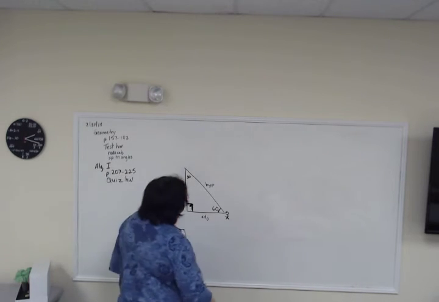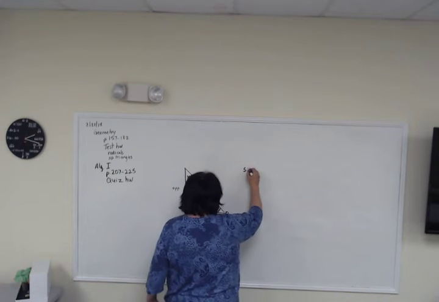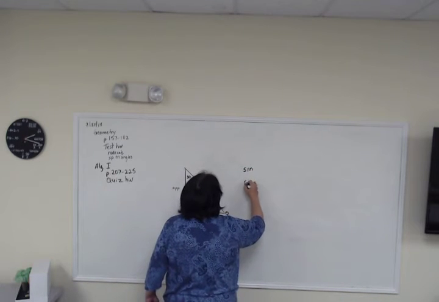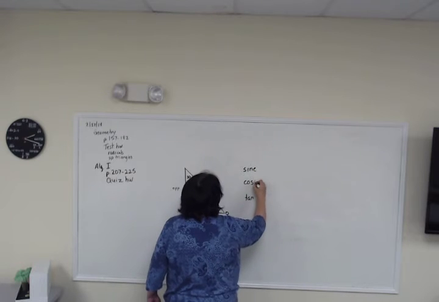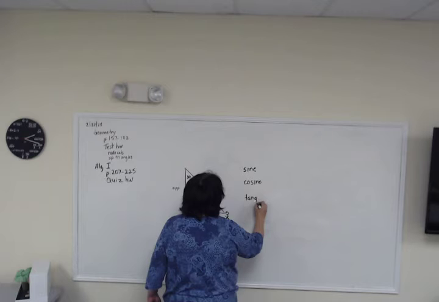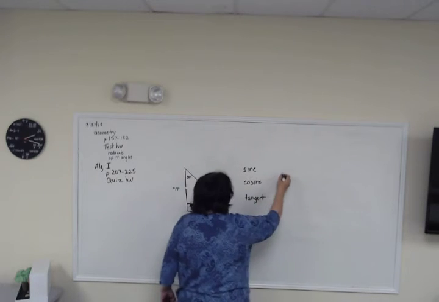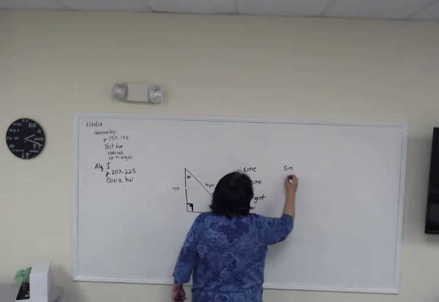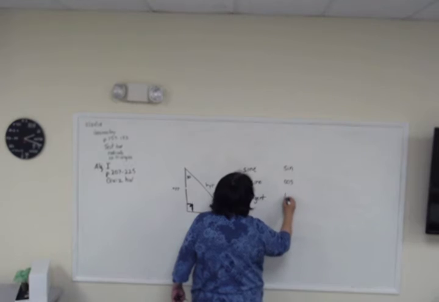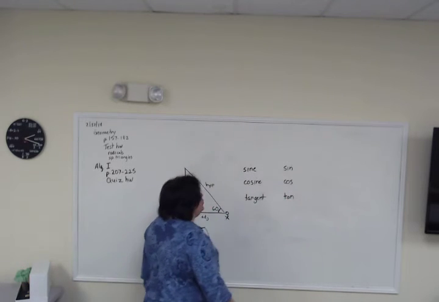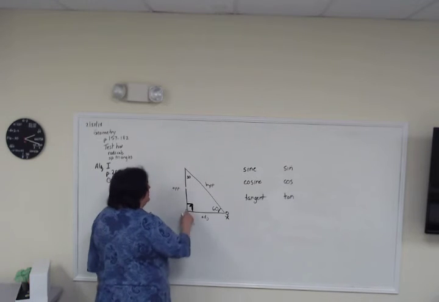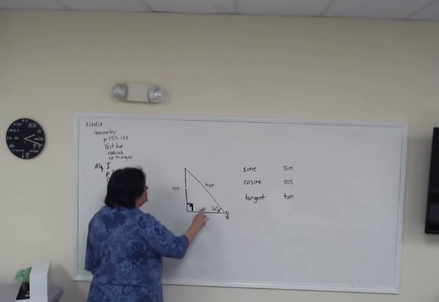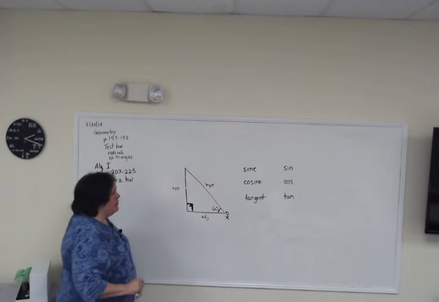Now we have what we call trig ratios, trigonometric ratios: sine, cosine, and tangent. This is how they're spelled, and this is how they're abbreviated. Let's just look at this 60-degree angle.